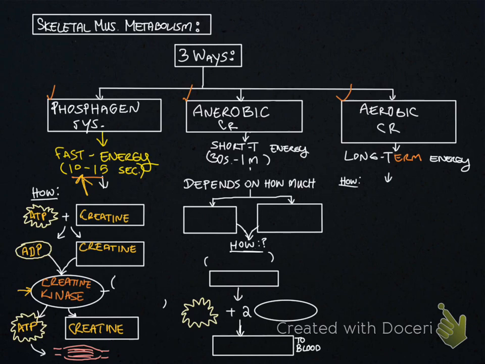Alright, so now if we're looking for a little bit longer, that's 30 seconds to 1 minute. Short-term energy is going to depend on your blood sugar, your blood glucose, and the amount of glycogen you have left in your muscles.